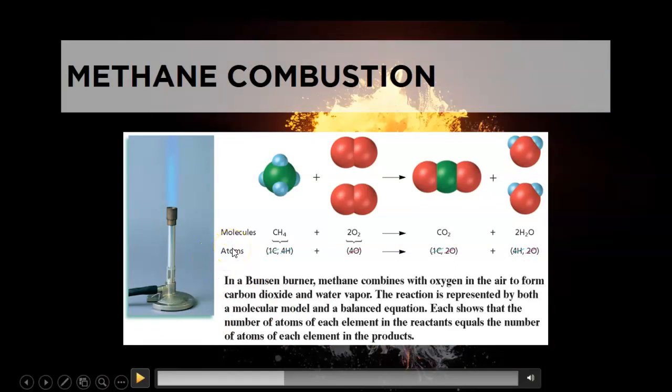And just so you can visualize it, notice this was CH4. It became CO2 on this side, but we had 1 carbon, 4 hydrogens, 4 hydrogens, 4 oxygens, 1, 2, 3, 4 oxygens.